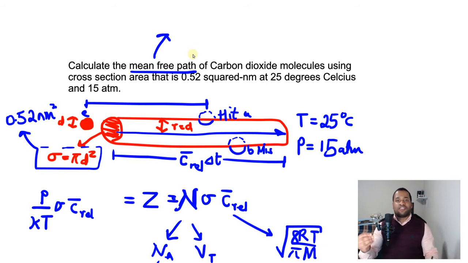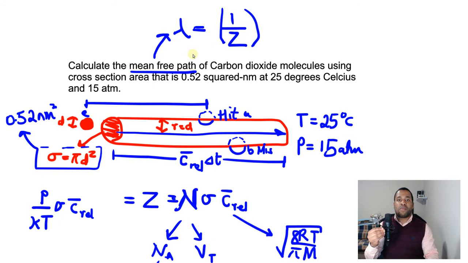It's expressed as lambda, and lambda, the mean free path, is equal to 1 over the Z value. Take note that this expression represents the time spent in free flight between collisions.